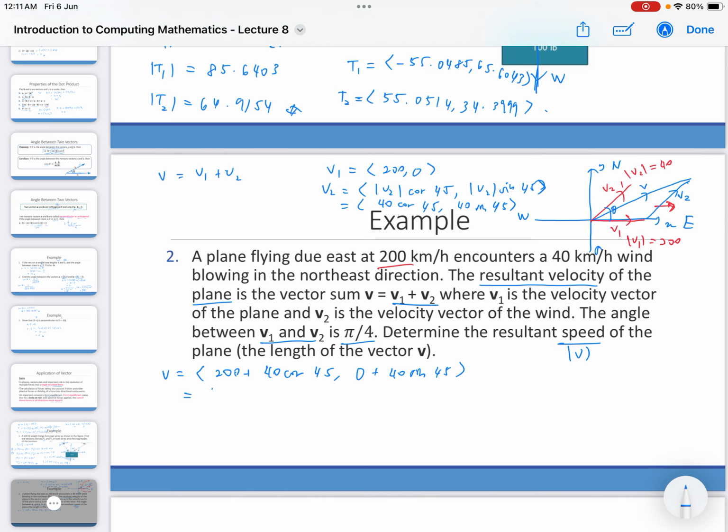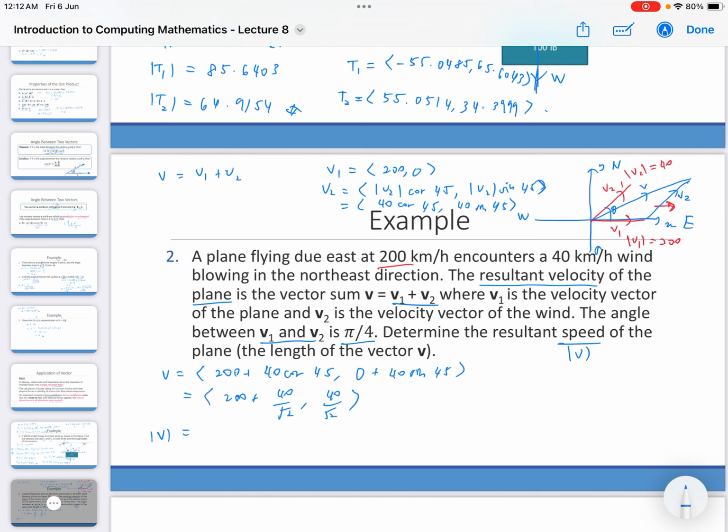So this is equal to 200 plus 40 over square root 2, and 40 over square root 2 for the second component. This is the resultant velocity v.